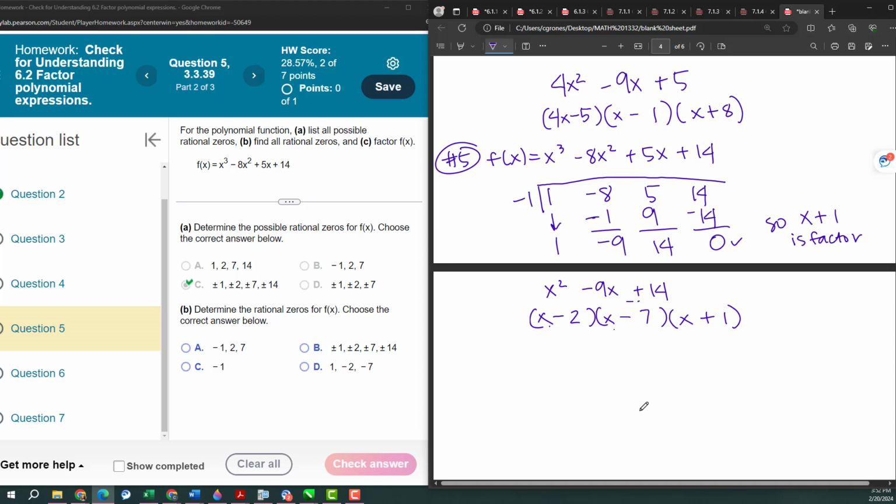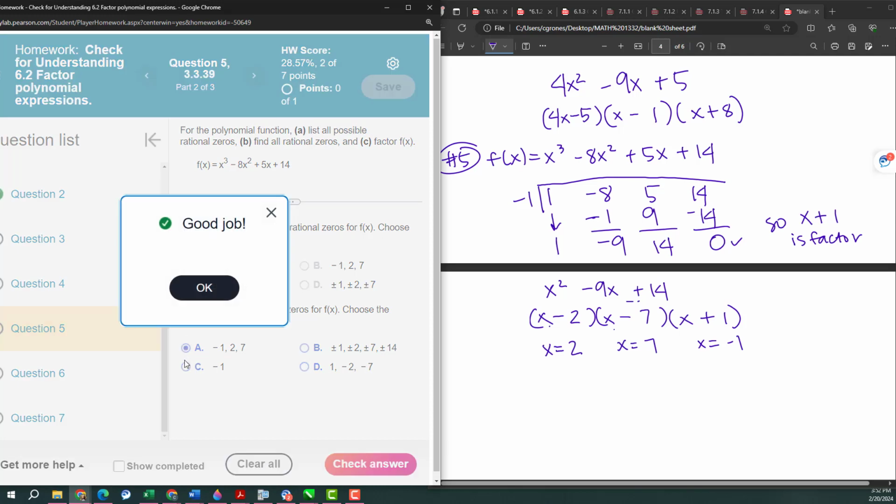But if we were actually finding the zeros, x equals positive 2, x equals positive 7, x equals negative 1. If you are unsure how I did that, we just set them all equal to 0, and you would move your number over, and that's how you can find what x is.